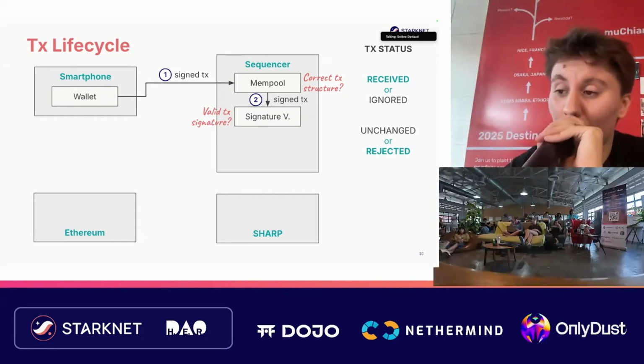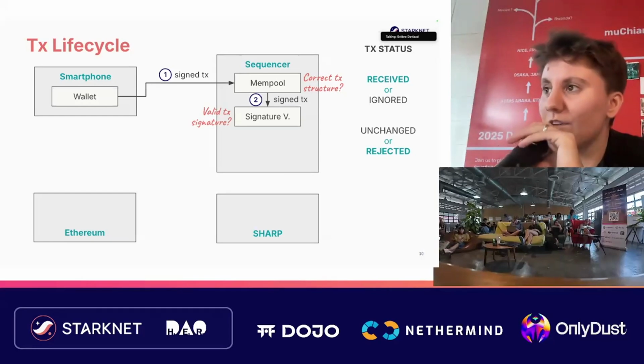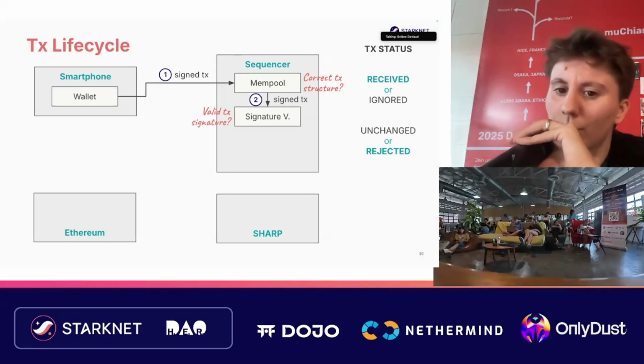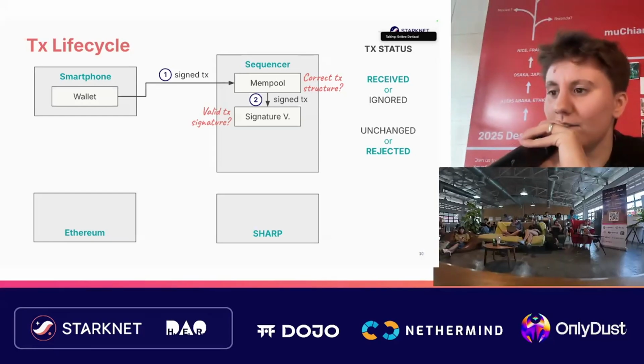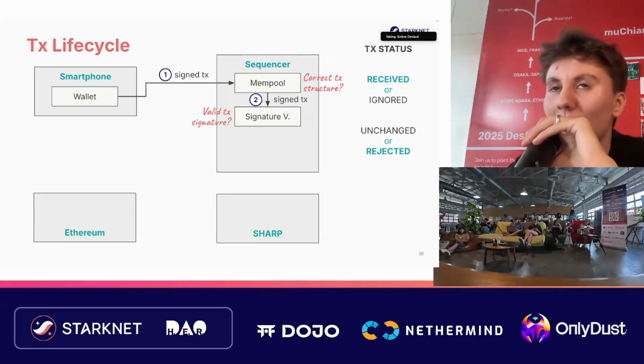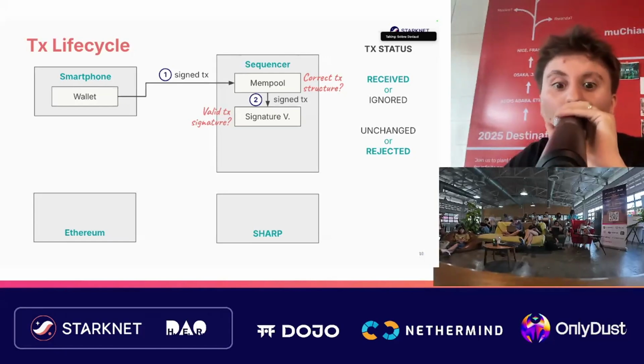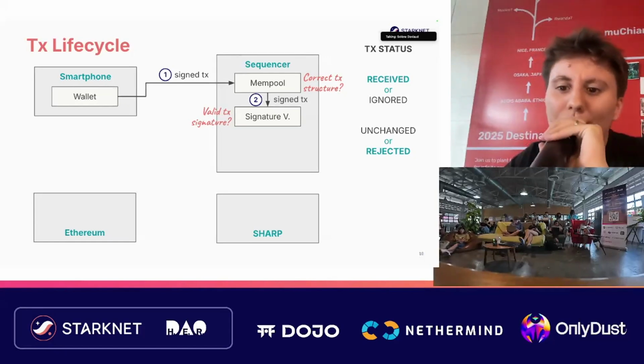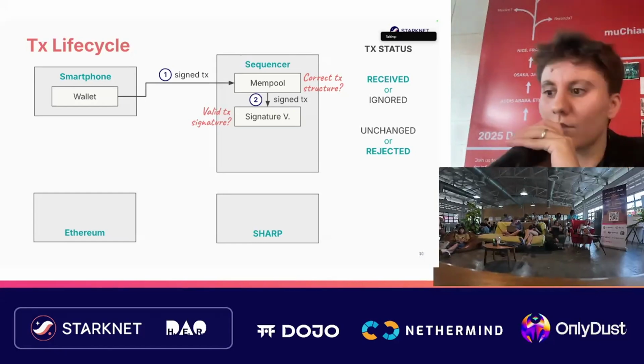The next thing is to see if the signature is valid. For that, you just have to check if it's really made by you or not. If it's not the case, it will be rejected by the sequencer.